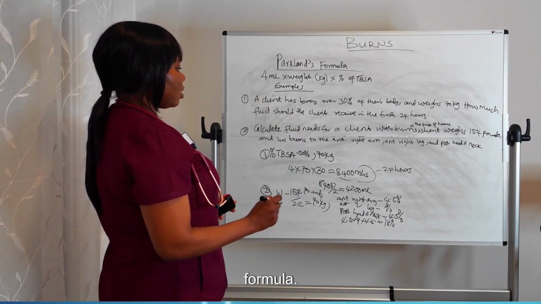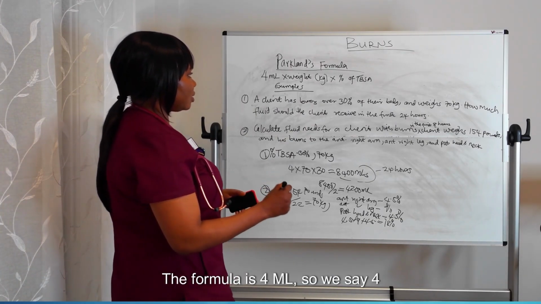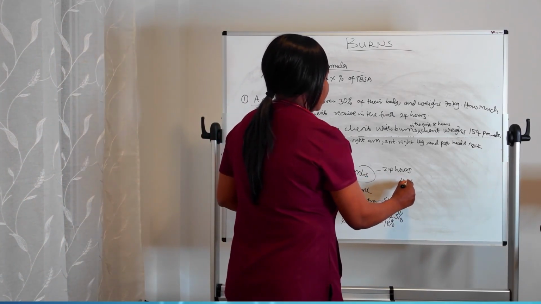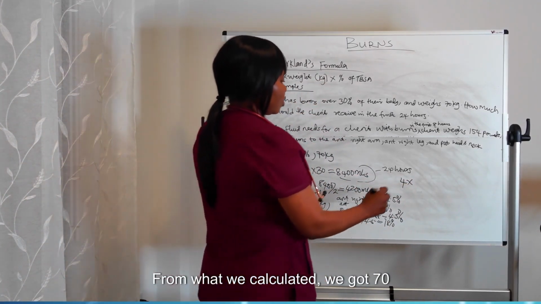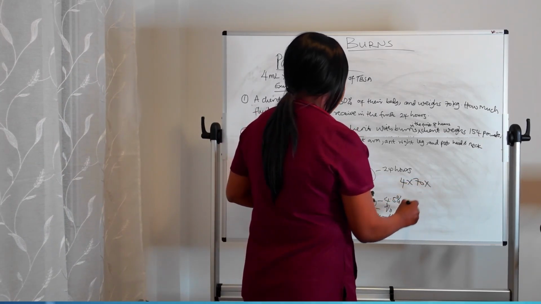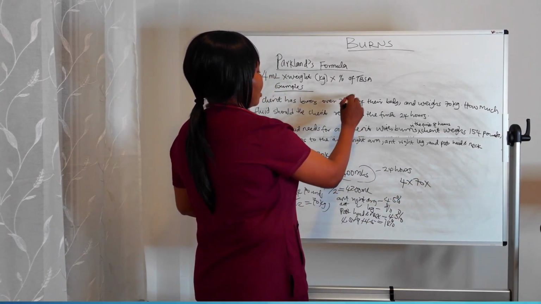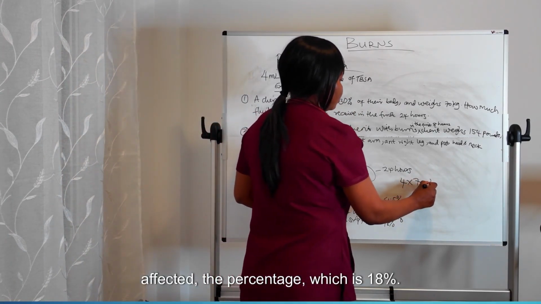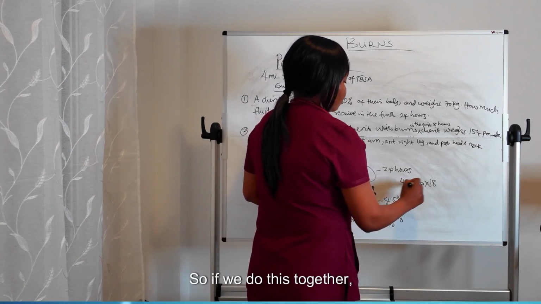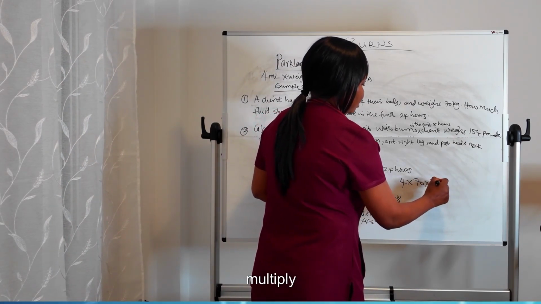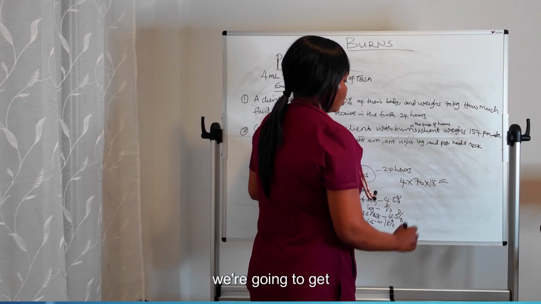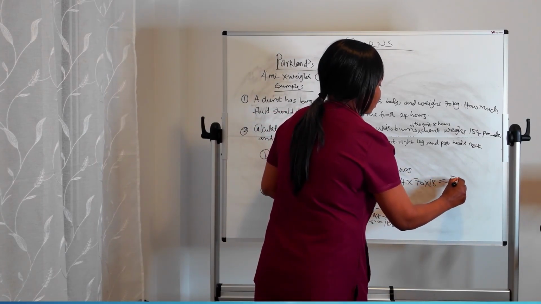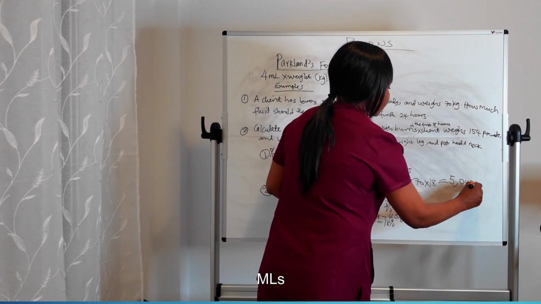So how do we put it into the formula? The formula is 4 ml, so we say 4 times the weight. From what we calculated, we got 70 kilograms, times the total body surface area affected, the percentage, which is 18%. So if we multiply this together, we are going to get 5,040 ml.